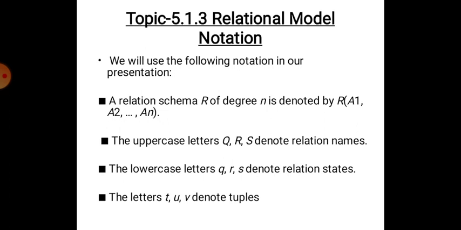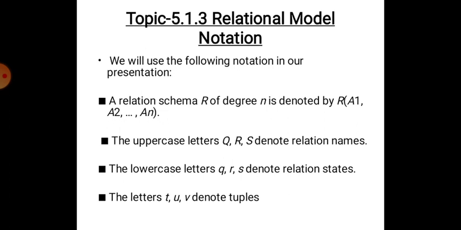Students, you have seen every relation or table, as you understand, has a name in capital letters. You might have studied the company database, you might have studied employee, department, dependent or student tables. All these names are in capital letters. So the name of the relation is in capital letters. The lowercase letters q, r, s denote relation state.